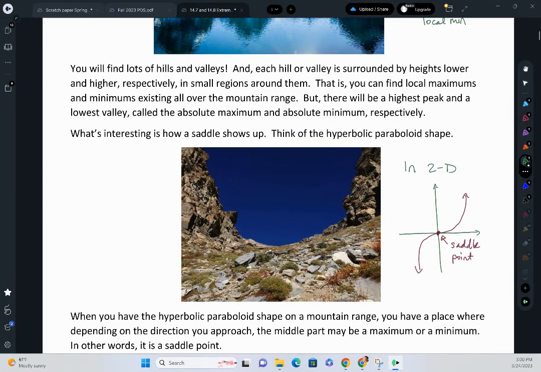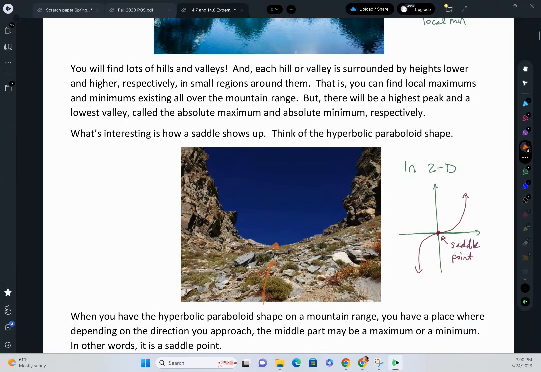For us now in 3D, we're going to be dealing with something that has a hyperbolic paraboloid shape. So like this little picture right here, what it shows is that if we were to approach this place right here in the middle of the picture from where I'm sitting, we would have to go up to get to that point.